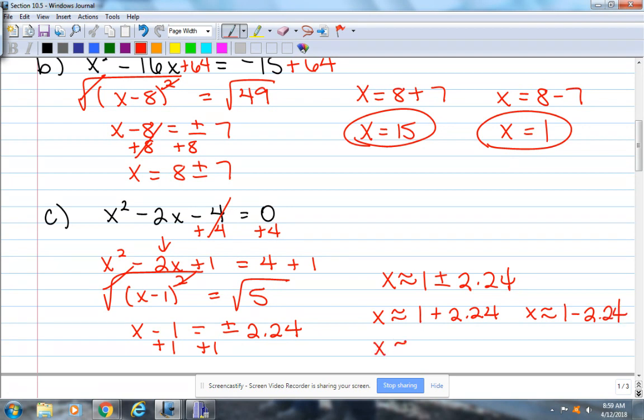So what's 1 plus 2.24? 3.24. And what's 1 minus 2.24? If I were to graph that one originally, it's already equal to 0. You can kind of see it's crossing between 3 and 4 and negative 2 and negative 1.